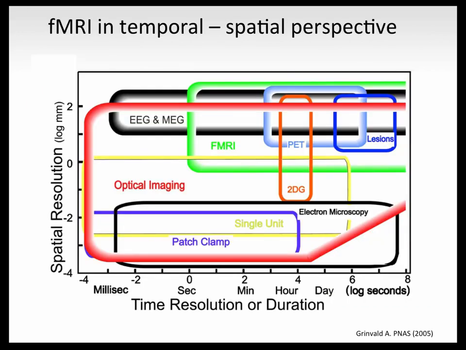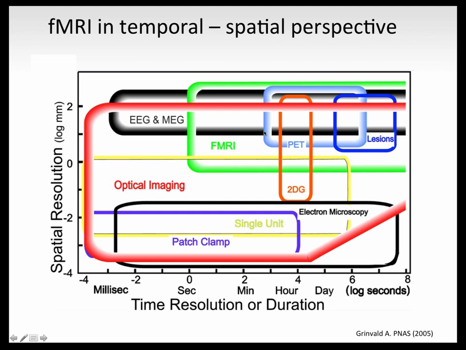So just to start us off and get this in perspective, this is a picture that a lot of people like to use. fMRI, which is what we're going to be talking about, happens to fall in the middle in terms of millimeter resolution and a temporal resolution on the order of a couple of seconds. It has better spatial resolution than EEG or MEG, which have considerably better temporal resolution.